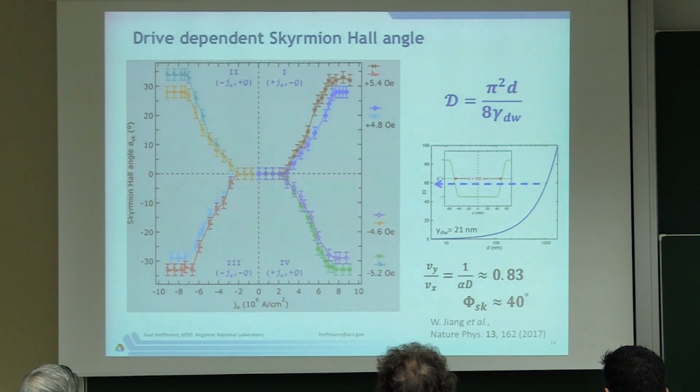Alpha, as I said, is 10 to the minus 2. It turns out our skyrmions are very large. And for large skyrmions, this value of d may be around 60. You see, depending what model you use, it goes up as you make the size bigger. So we expect in our samples a ratio of 0.83 or 40 degrees. Experimentally, we see 30 degrees. So within the uncertainties of how we know our numbers, that's pretty satisfying actually.